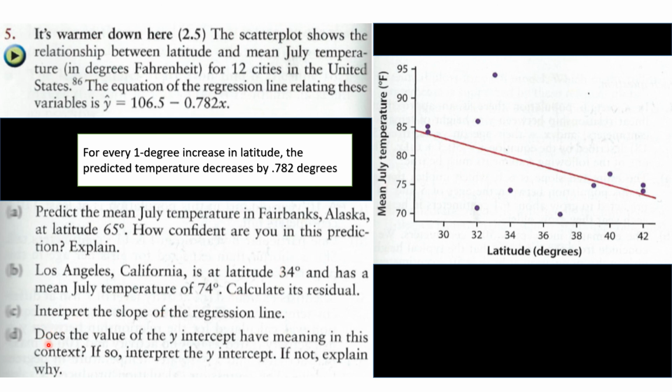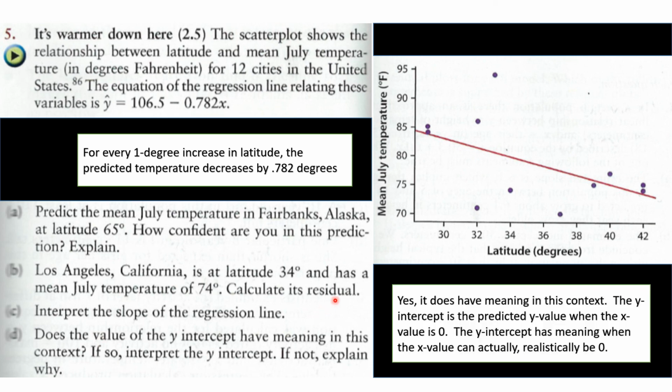Lastly, part D, it says, does the value of the y-intercept have meaning in this context? If so, interpret the y-intercept. If not, explain why. So yes, the y-intercept does have meaning in this context. The y-intercept is the predicted y value, so the predicted July temperature when the x value, or latitude, is 0 degrees.